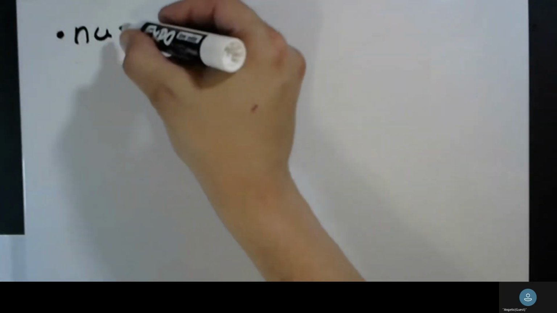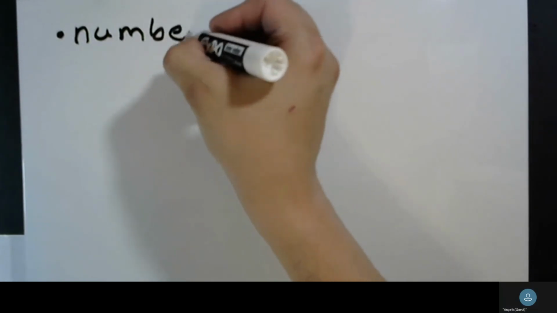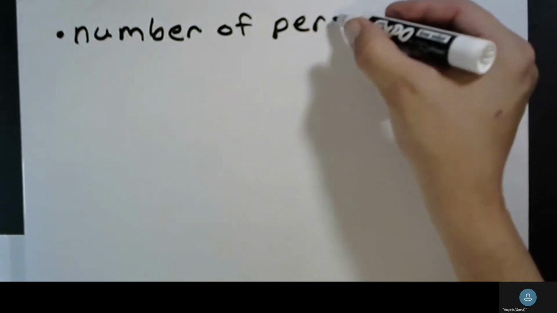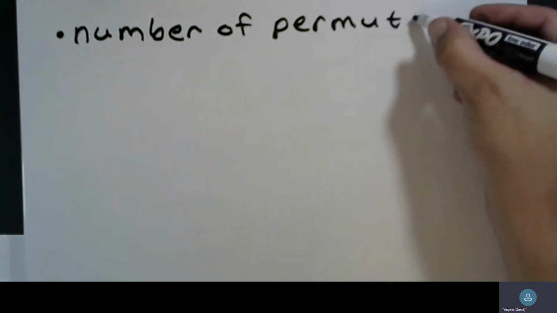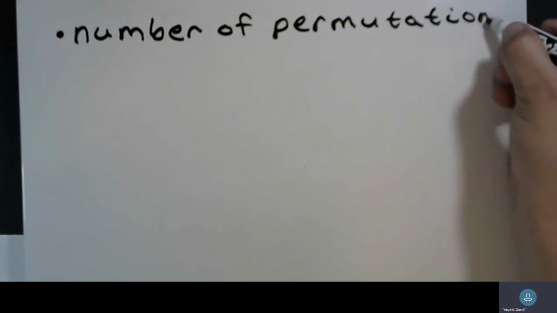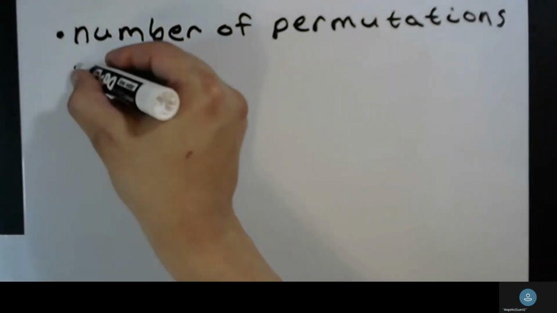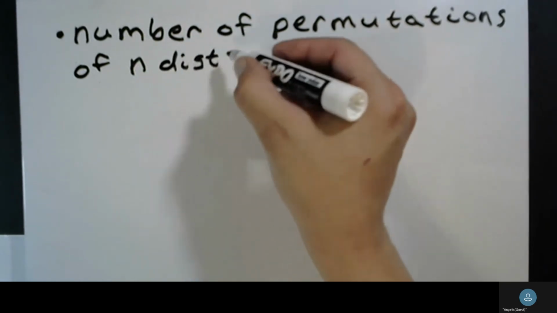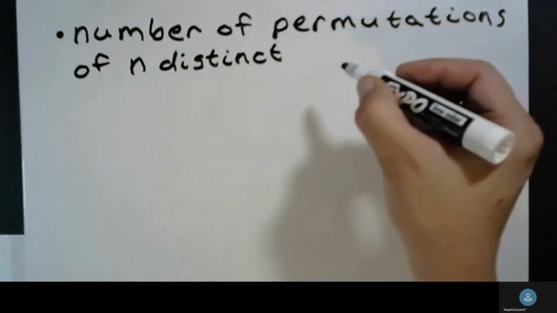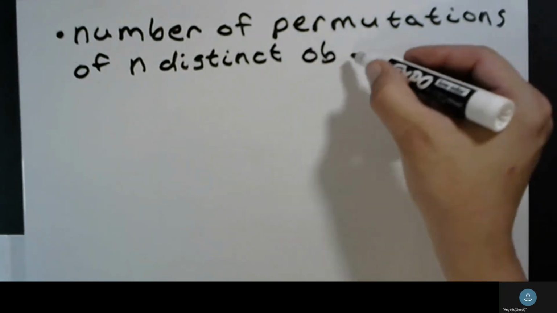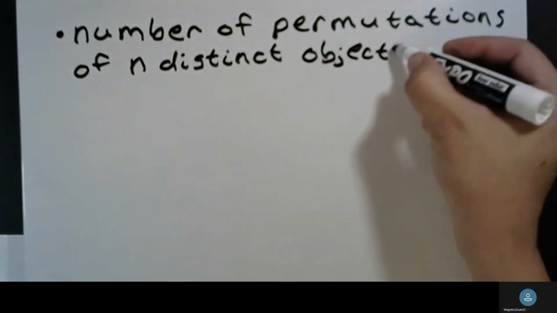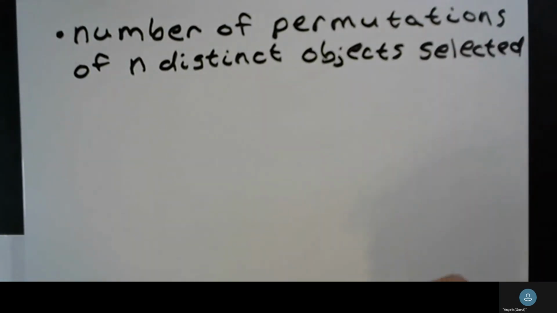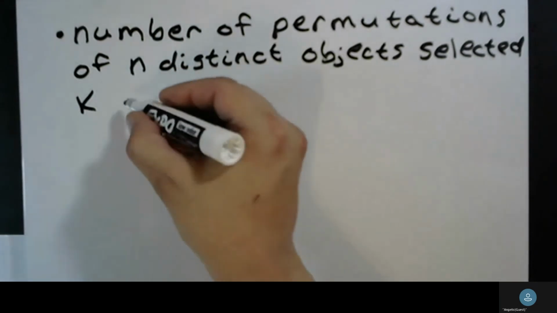We're looking at the number of permutations of n distinct objects selected k at a time.